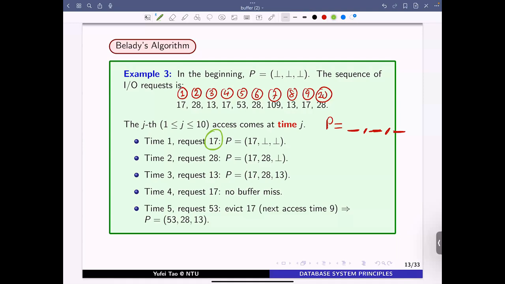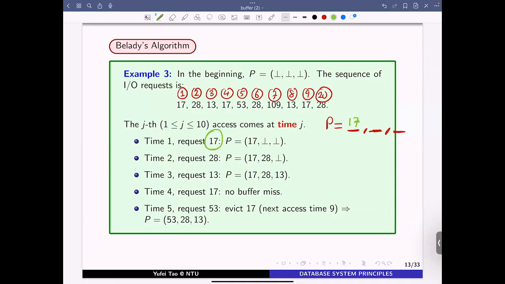So 17, one miss. 17 is not currently in the buffer, obviously, so we have incurred a miss. Then we have to bring the block into the buffer, and we can do that because there are empty slots there. So we put 17 here, and we're done. This is the first request.